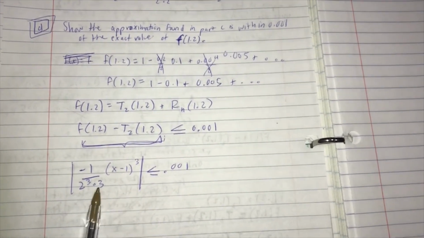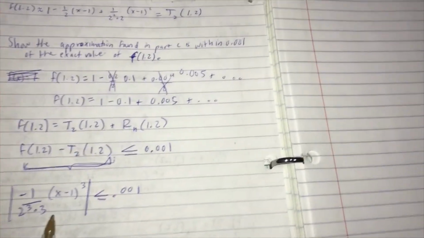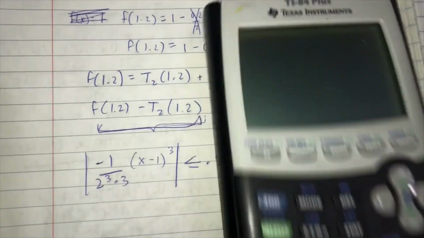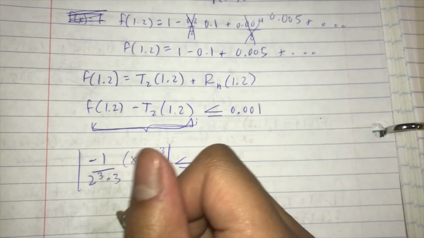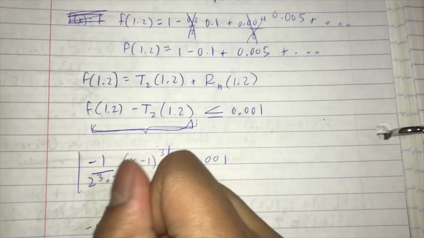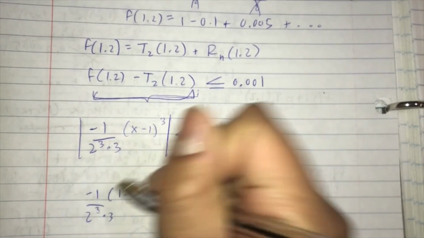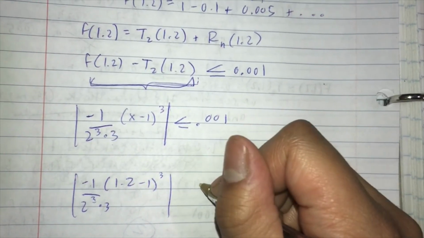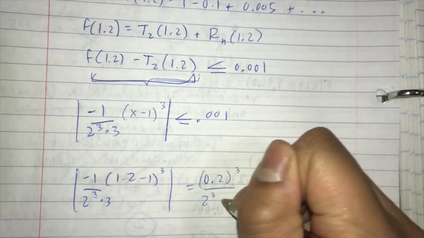So if we plug this into the calculator, or if we simplify this, since we have to plug in 1.2 for x, and we don't have to include the negative because it's absolute value, it would just be 0.2 cubed over 2 cubed times 3.